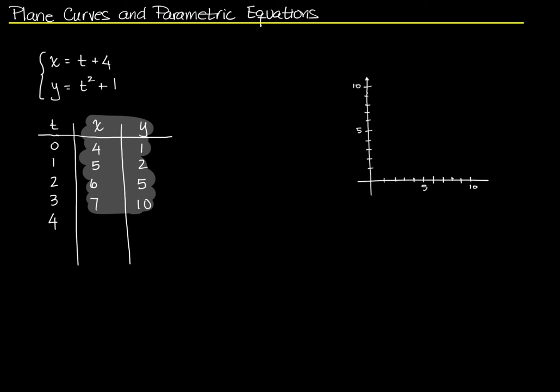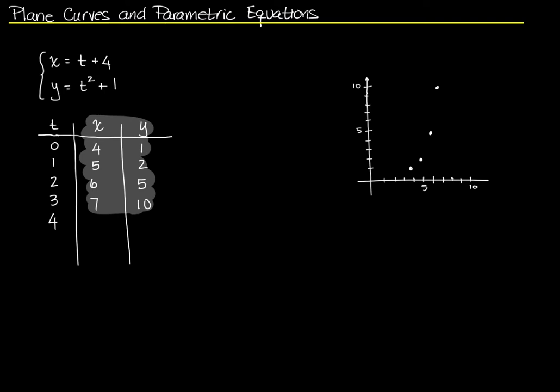The points I have are 4, 1, which is about there, 5, 2, which is about there. So far, it looks like it might be a line. 6, 5, oh, it's not a line. And 7, 10. I think that's perfect scale-wise.